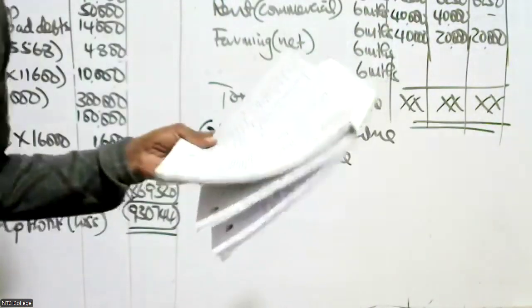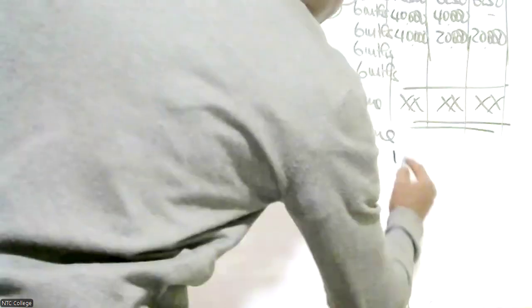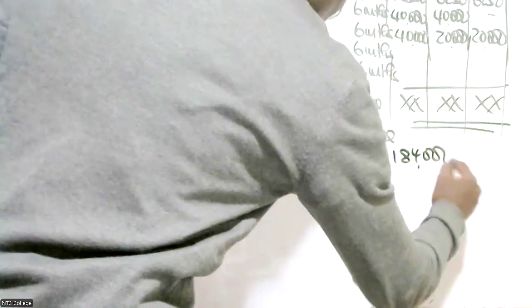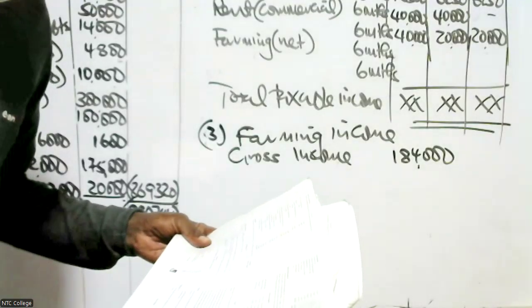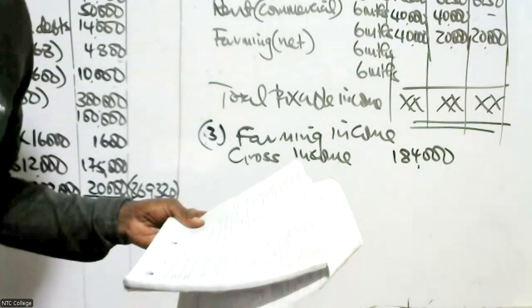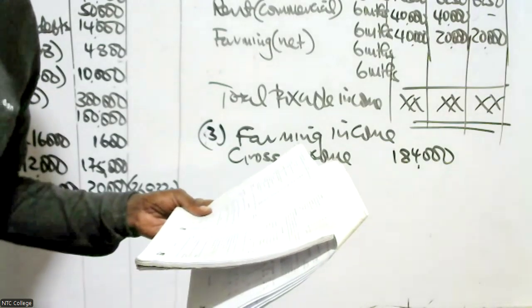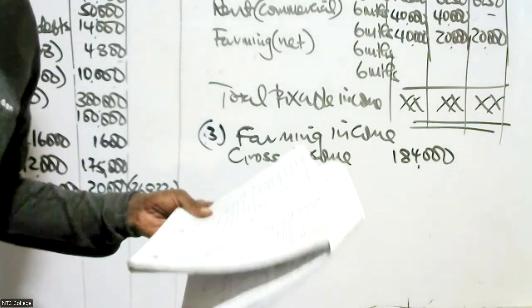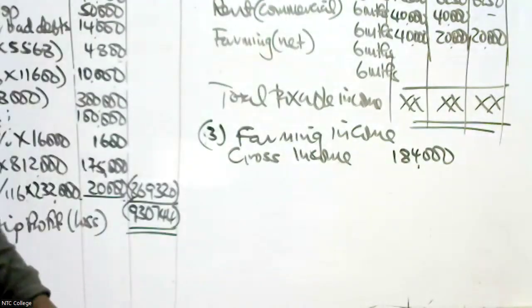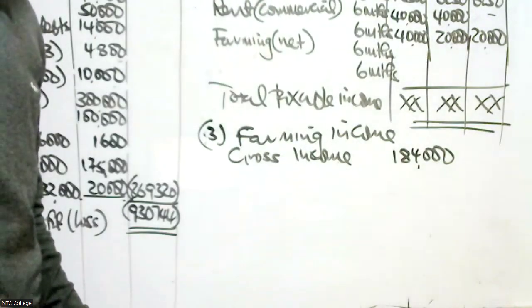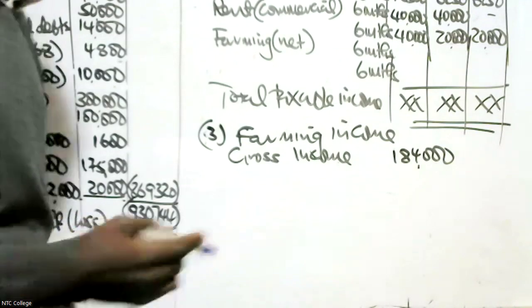The debit of the cash book gives gross farming income as 184,000. Then note number 6 tells you surplus water was sold for 74,000 during the year. The machine for drilling water was installed at the farm, so surplus water must be part of farming income.